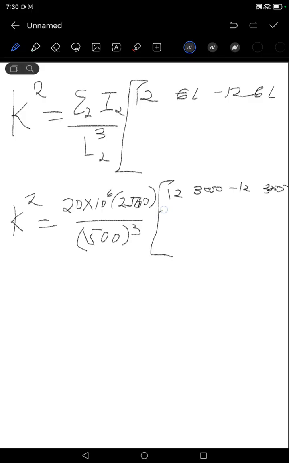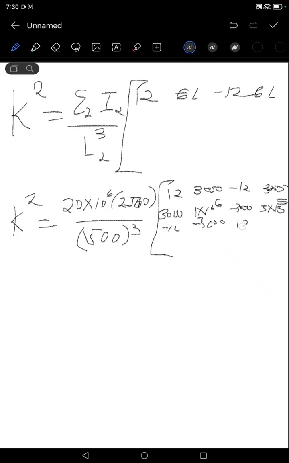Okay, and then we have 3,000. Still gonna be the same as K1. The 1 multiplied by 10 to the power of 6, and then minus 3,000. Then we have 5 times 10 to the power of 5. Okay, and then minus 12, minus 3,000.